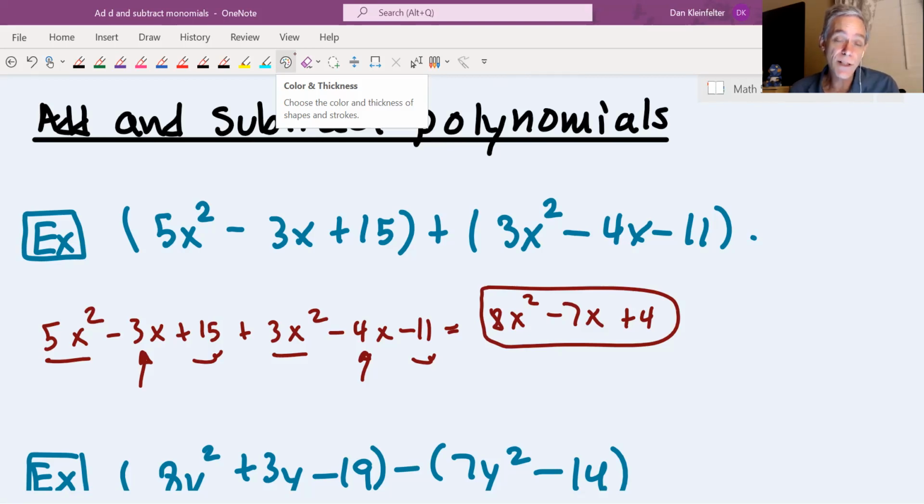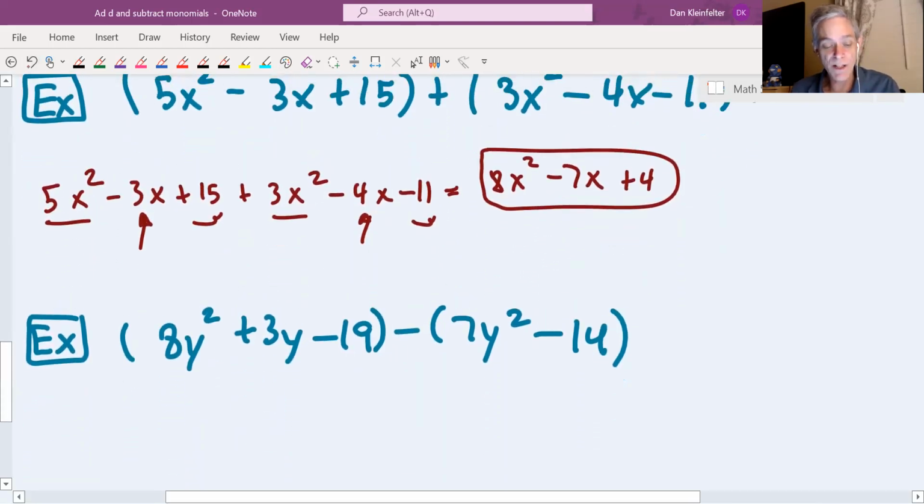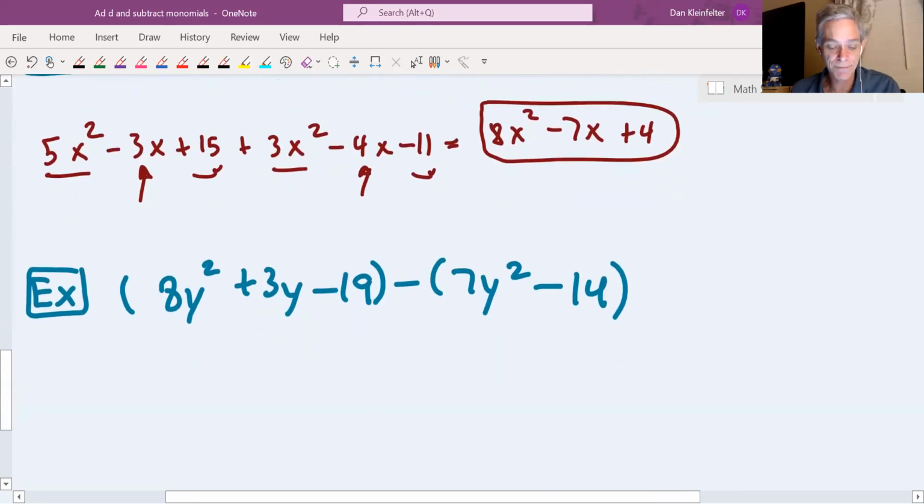You may have had teachers in the past who have crossed things out as they combine like terms. I tend to not do that, partly because I think it's easier to read if you're trying to follow along. Plus, if I have to redo things, then it's easier just to erase the marks underneath. So that's in case you're wondering why those marks are there.